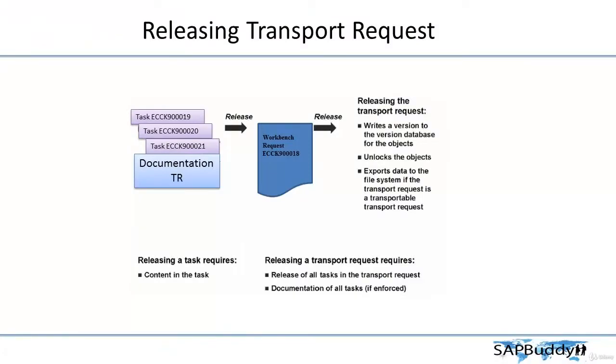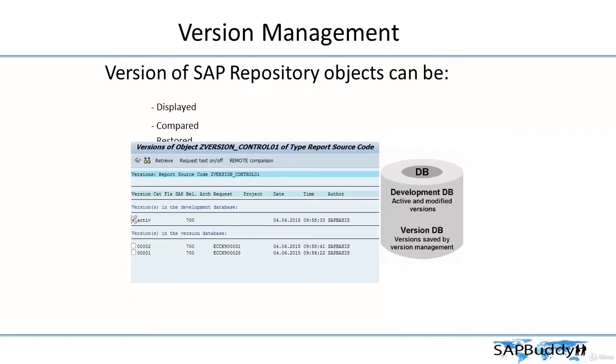So for this reason, this is a known thing that you can have multiple changes in the same program. For this purpose, SAP has something called version management for SAP repository objects. Using this version management, you can compare the different versions, or you can also restore some of the old versions.